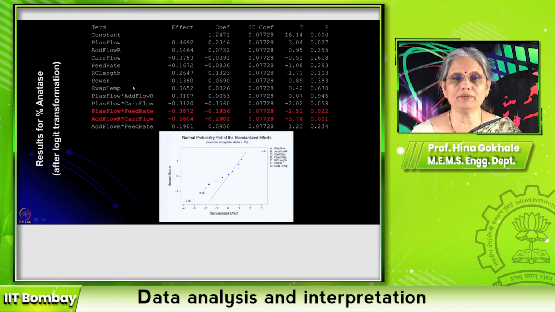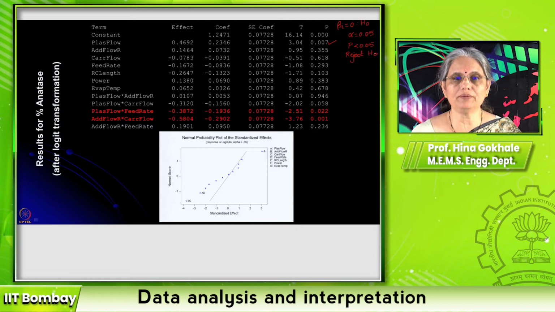And here what we find is that, this is important, I am sorry, I should have made it in red, but it is not in red. So, here once again our null hypothesis is that beta is equal to 0, and the alpha value is 0.05. So, if p is less than 0.05, we say reject the null hypothesis.